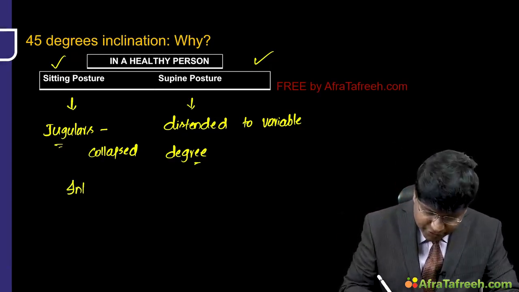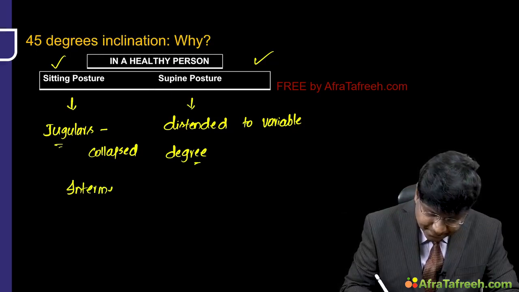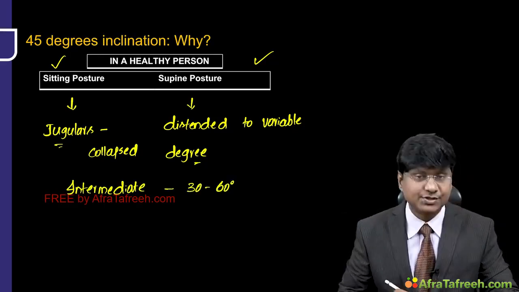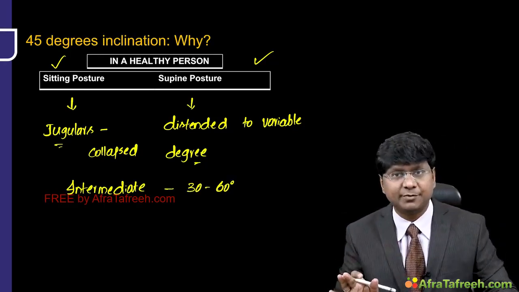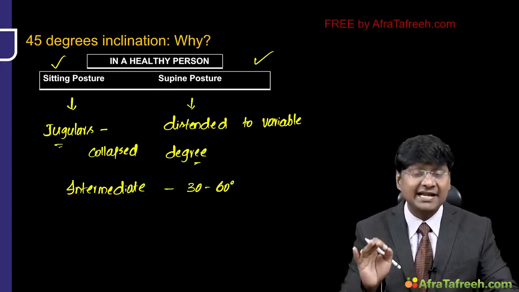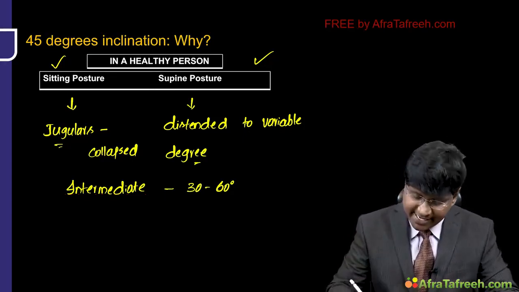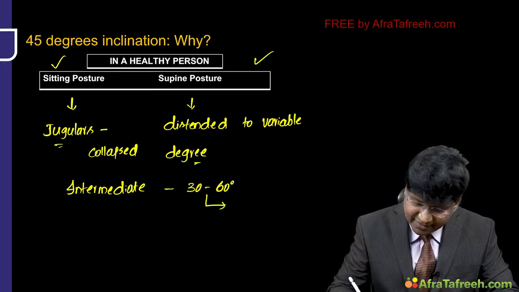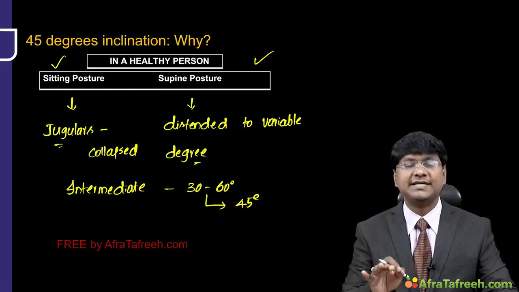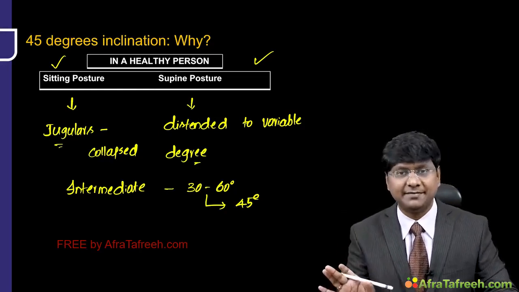It will be around 30 to 60 degrees. In between this 30 to 60 also, a standard is maintained. And that is 45 degrees, the standard in which the JVP has to be examined.